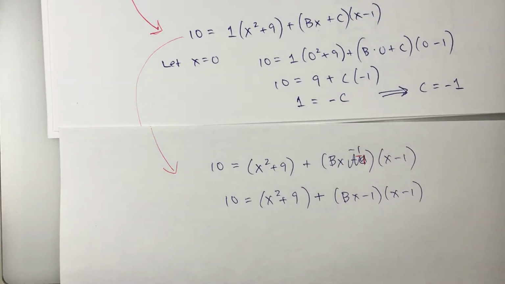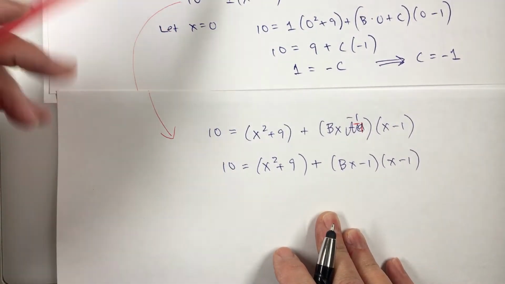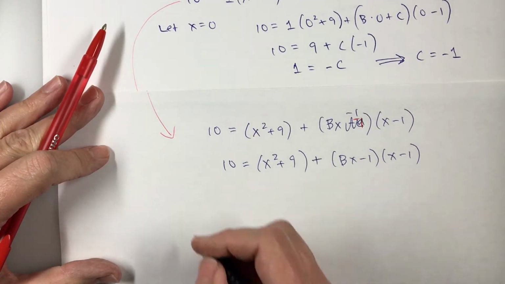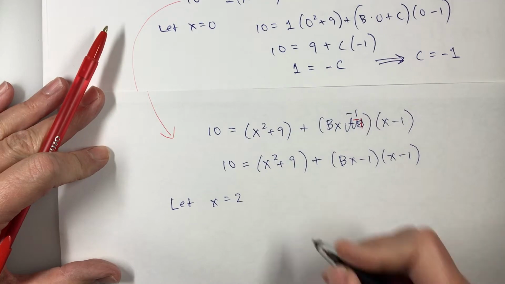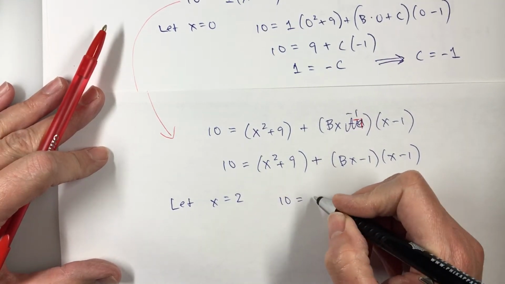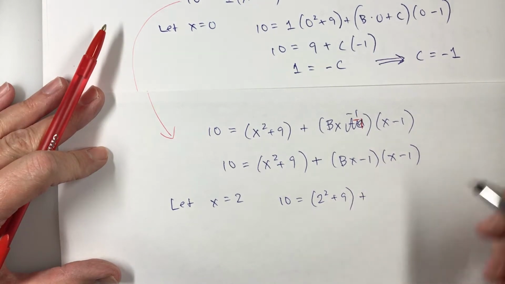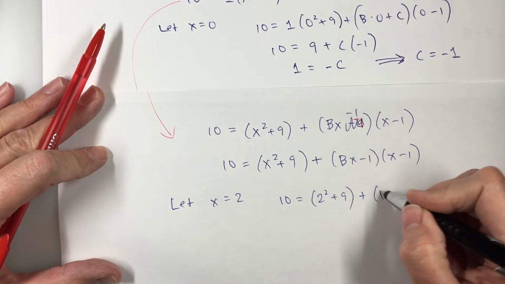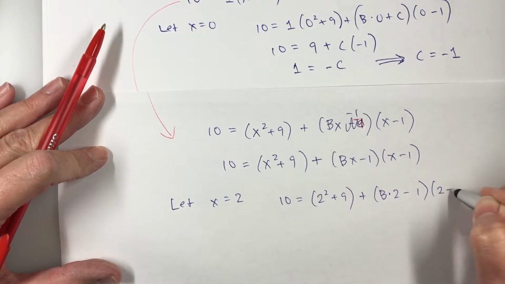I could pick another value for x. I picked 1, I picked 0. Let's pick 2, if x is 2. So this would be 10 equals 2 squared plus 9 plus B times 2 minus 1 times 2 minus 1.